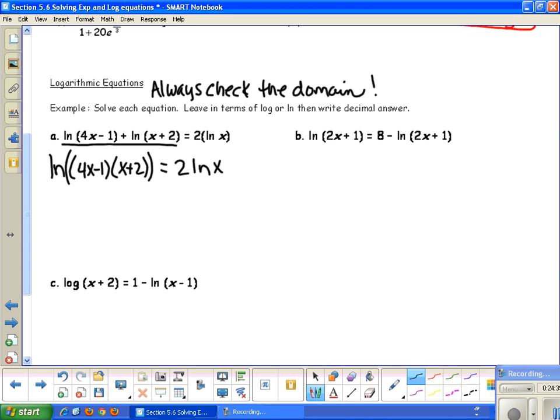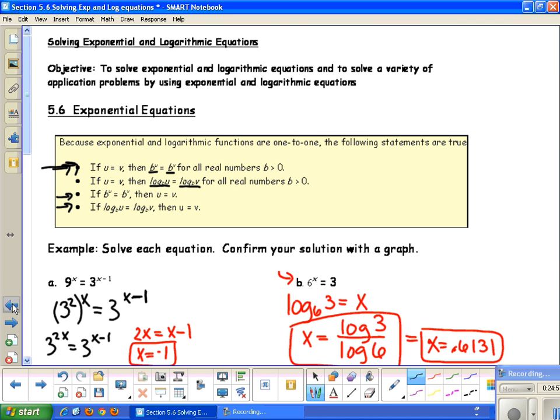So then the next thing that I would do is bring this up as a power. So you get the natural log of 4x minus 1 times x plus 2 equals the natural log of x squared. So remember, by those properties that we said in the beginning, if we have the log base b of u equals log base b of v, then u has to equal v.